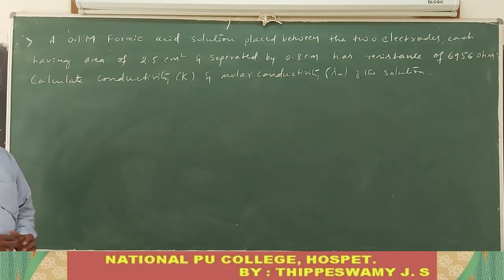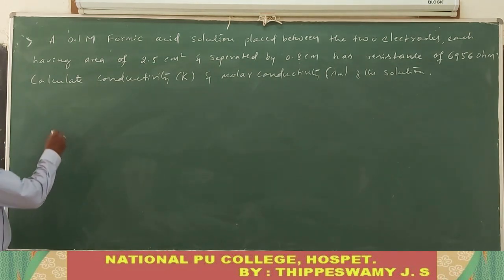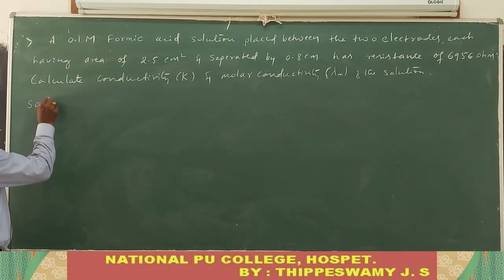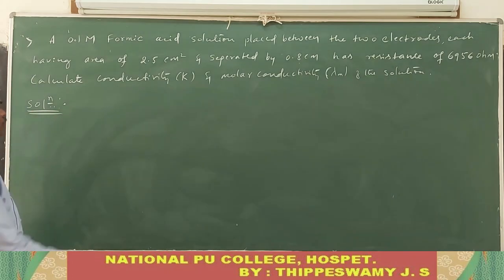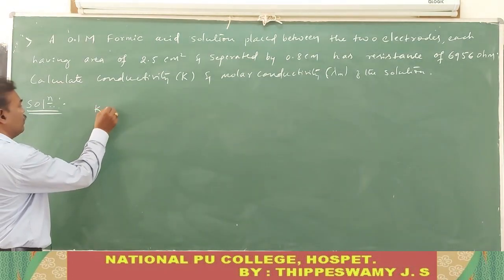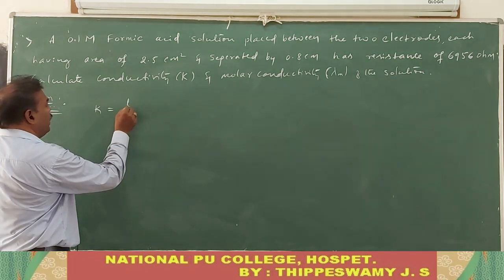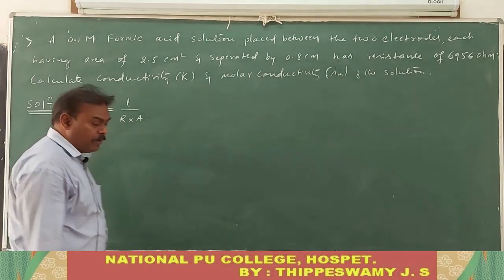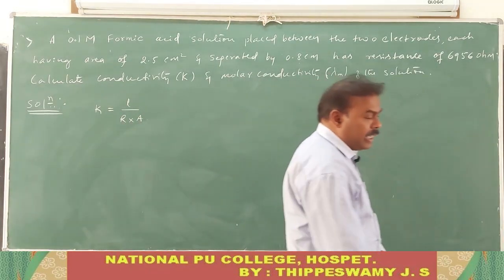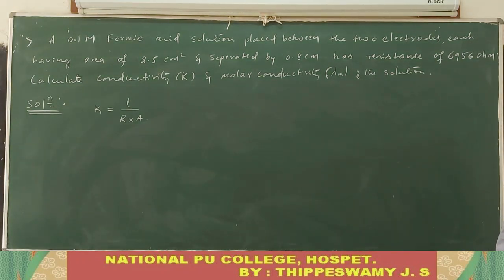So how to find the conductivity of the solution? We know the relation given for the conductivity. We know how to solve this one. K is equal to, the formula we can write, L divided by R into A. Regarding L divided by R into A, what is L called?